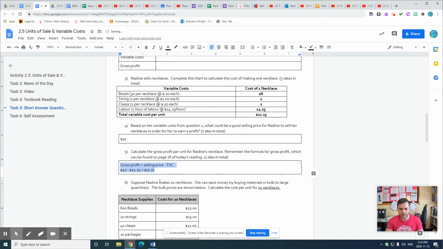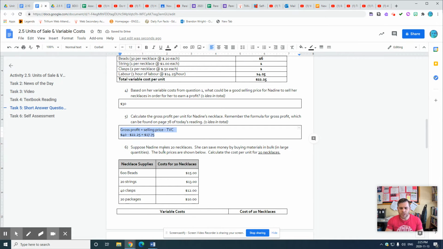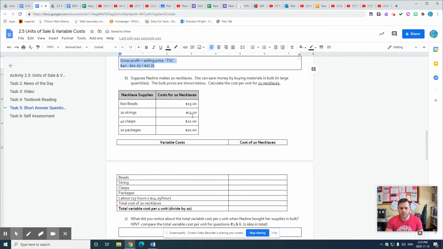Okay, I'm going to leave that for now. But question 6 asks you to figure out the bulk cost. So this is how much it costs to make 15 or 20 necklaces. I'd like you to put the cost here and tell me how much it costs to make 20 necklaces and then finally 1 necklace.